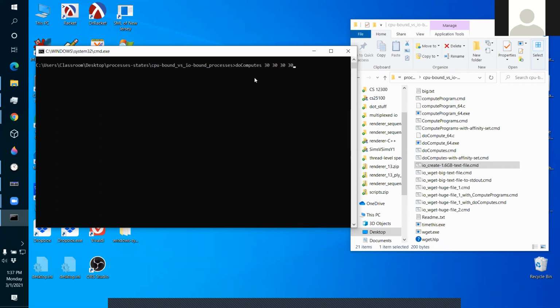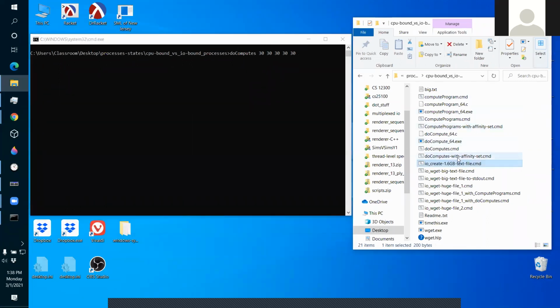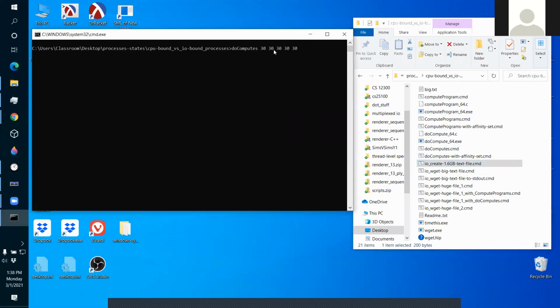Now that's 5 30-second jobs, but I'm not setting the affinity, so that'll keep 5 cores busy for 30 seconds. And this will keep the hard drive busy. What we should see is that these things take exactly 30 seconds to complete. They shouldn't really be affected by all the work that's being done by this one here. Okay, so start that one.